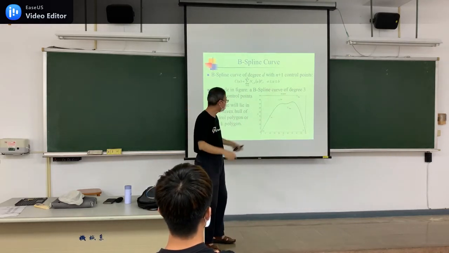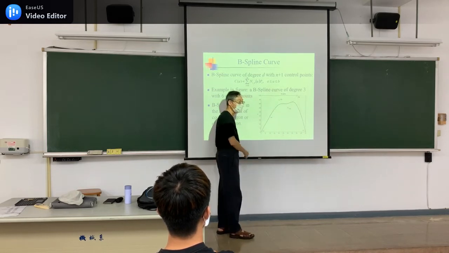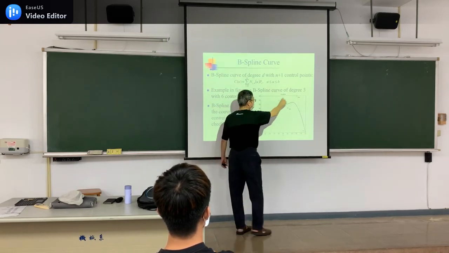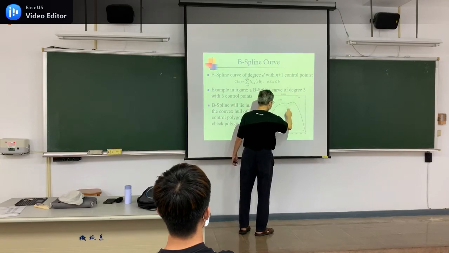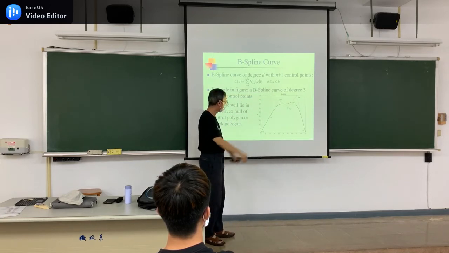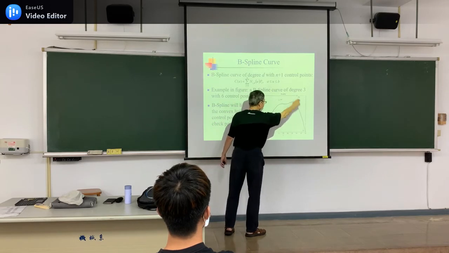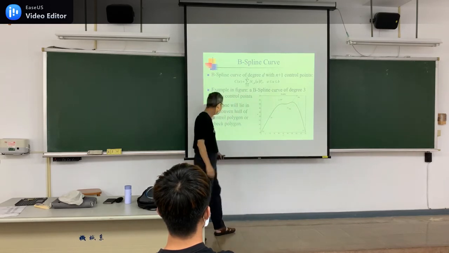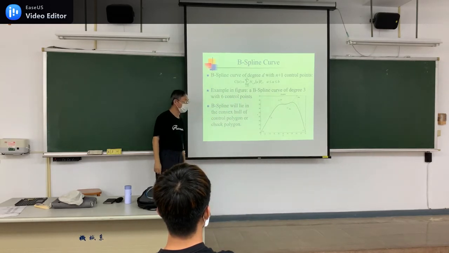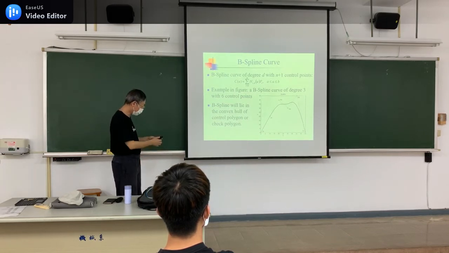You simply have a connection of all the points, including this, including others. You can connect all the points between each two points and find the largest boundary you can get. That is the so-called convex form. Okay? And the B-spline will always be inside the convex form.